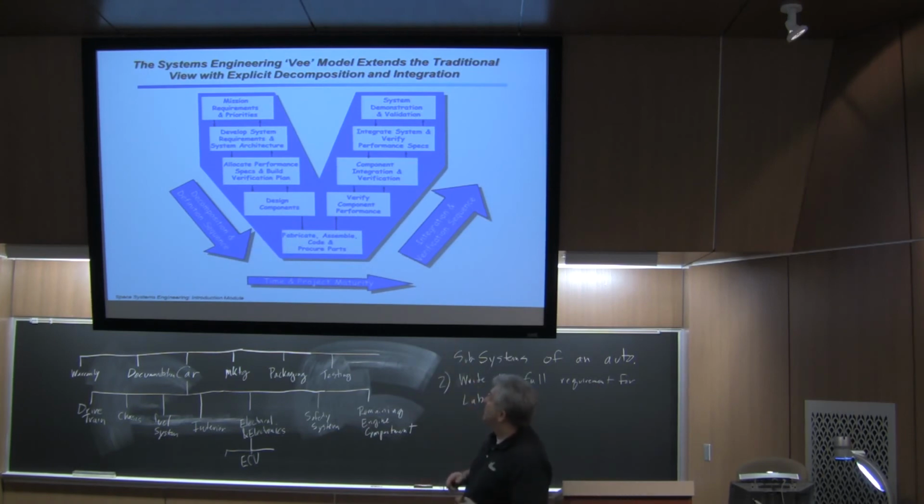Develop the system requirements and system architecture, start splitting up all the different pieces to the different subsystems, and then they will write the specifications and identify the plans and how they're going to verify that. Then they design the components, then they fabricate, assemble, code, procure, whatever it is to build up that device.